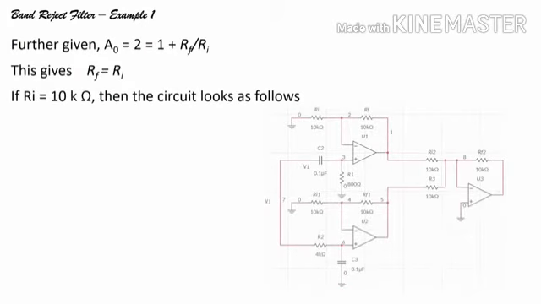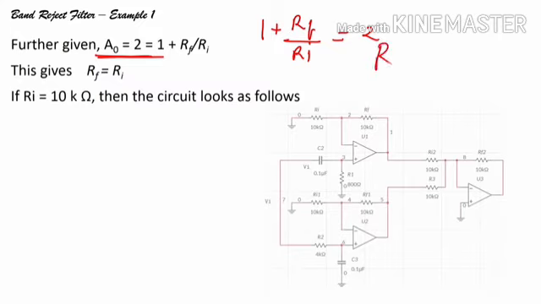So, now further what is given? Further it is given that gain is 2, right. So, let me design a band reject filter with a non-inverting amplifier. So, gain will be 1 plus RF by RI, right, RF by RI equal to 2.